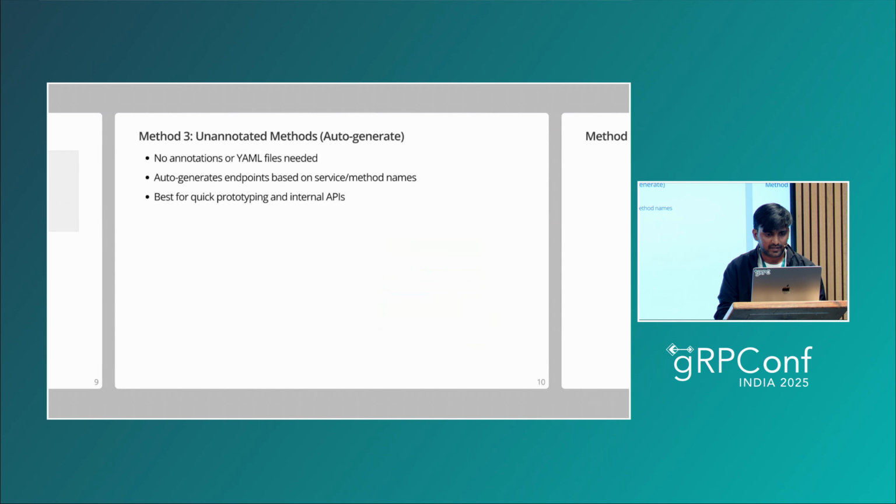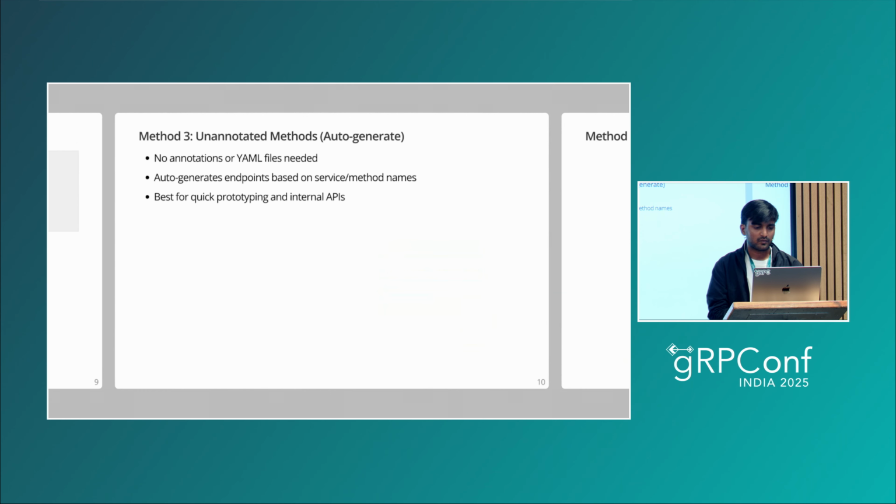And as a third, if you don't want to specify anything, this is the simplest but least flexible option. No annotation, no YAML files, nothing. So when gRPC gateway sees a method without an HTTP annotation, it automatically generates a REST endpoint based on the default pattern. And the endpoints follow a convention based on your service and method names.